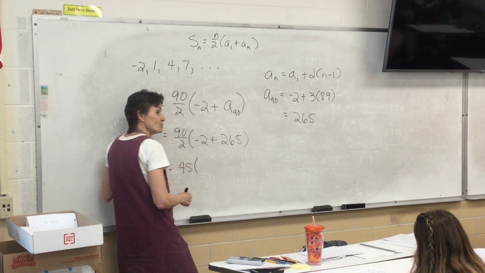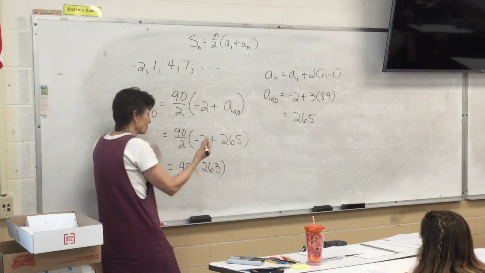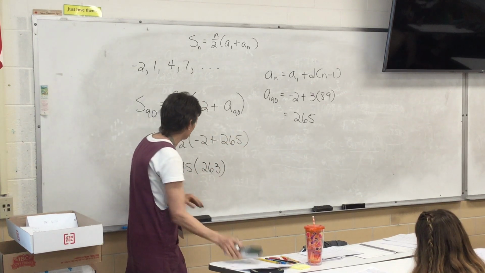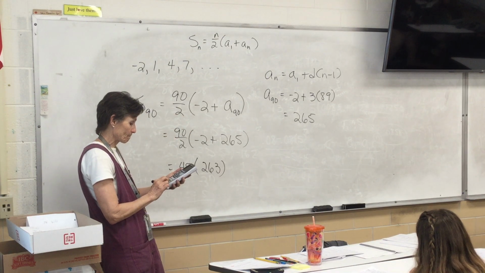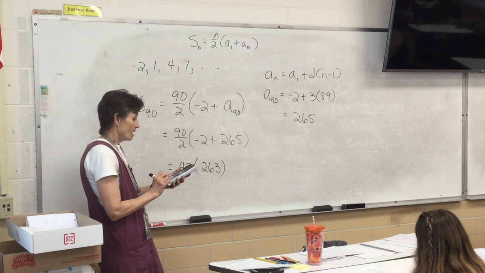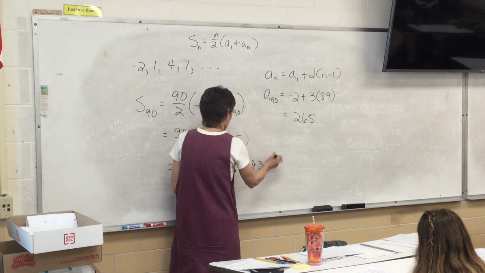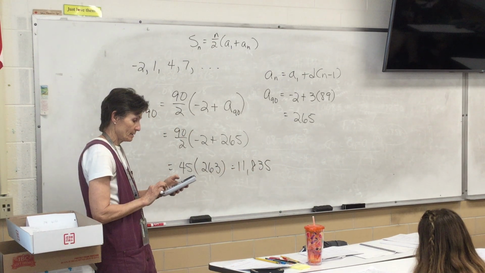Negative 2 plus 265 would be 263. That's fine. If you want to type all that in, that's fine too. It makes absolutely no difference. But we all need to come up with 11,835. So make sure that's the number that you're ending up with.